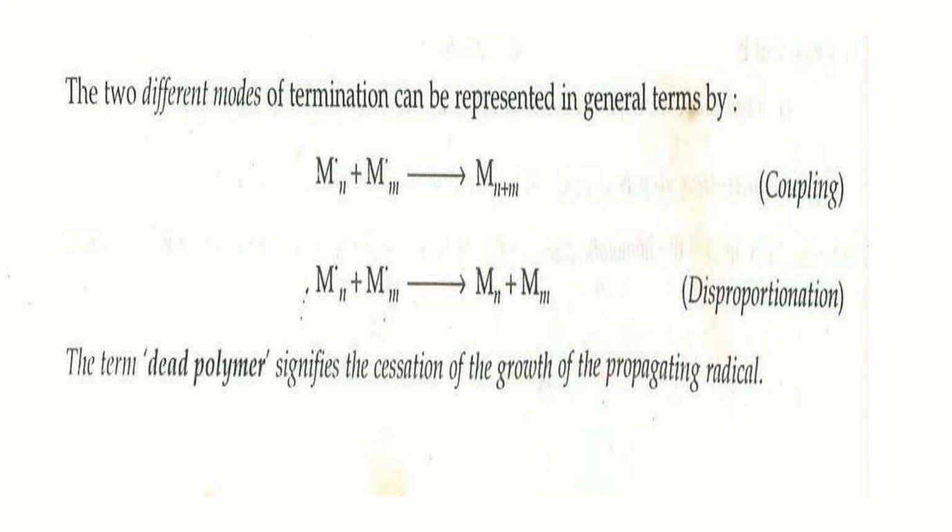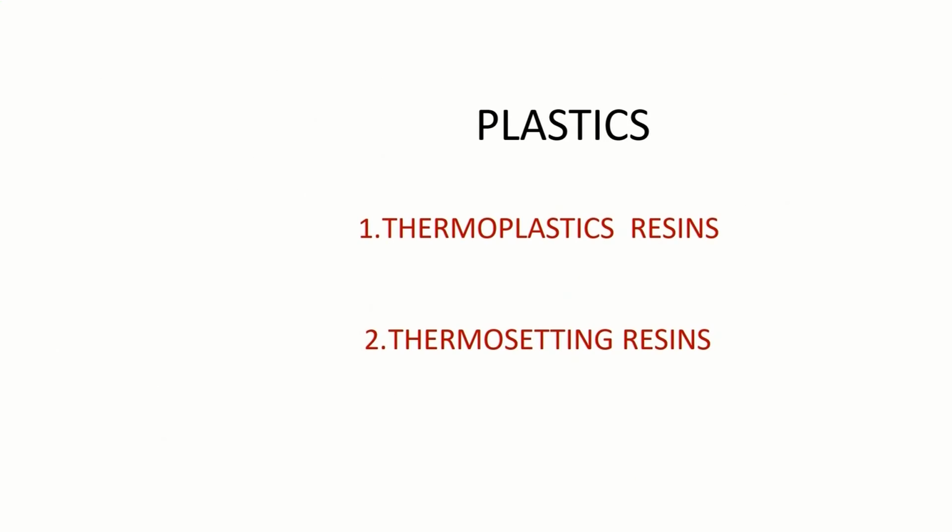So, this is the termination step. In the first type, two polymer molecules, each containing a free radical at the end of the chain, combine to form a long chain. In the other, two molecules are formed, one a saturated compound and the other an unsaturated compound.